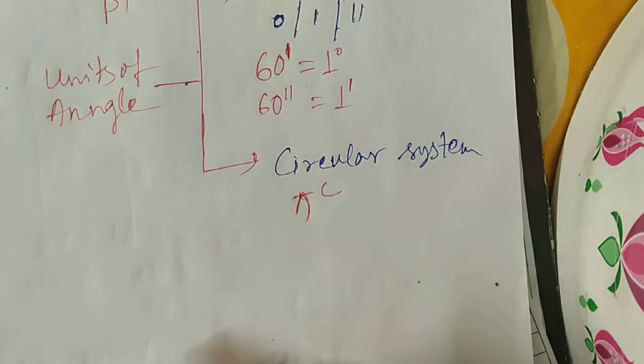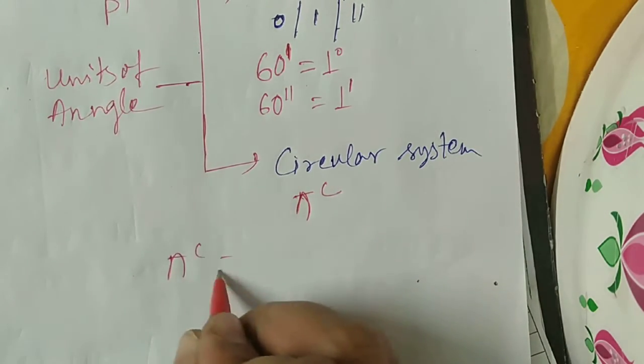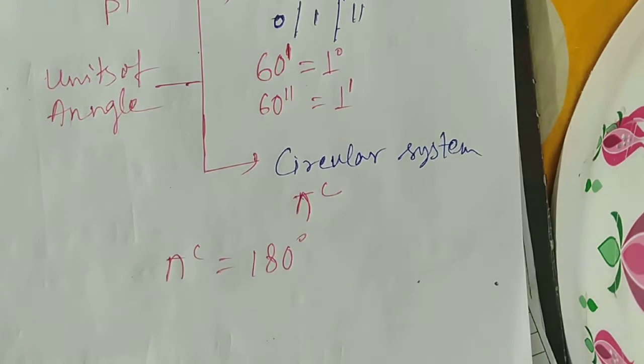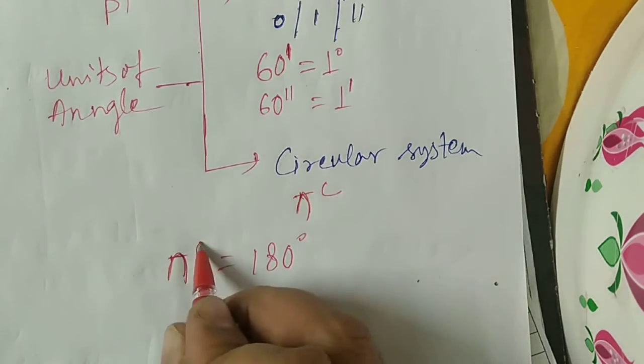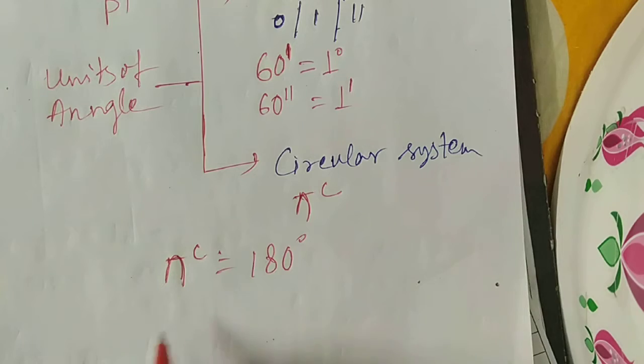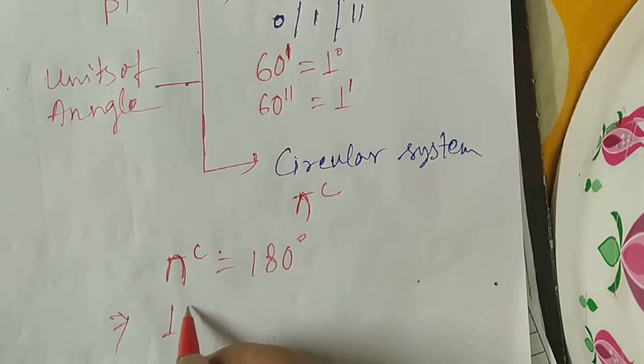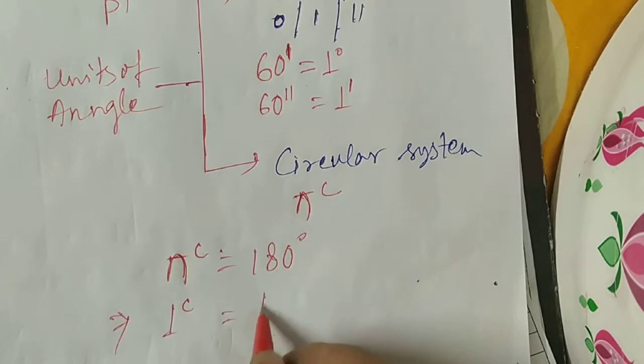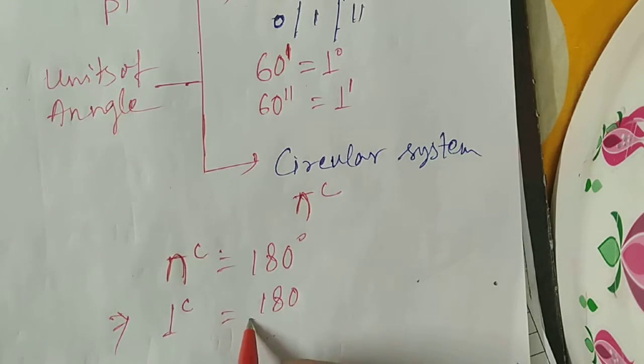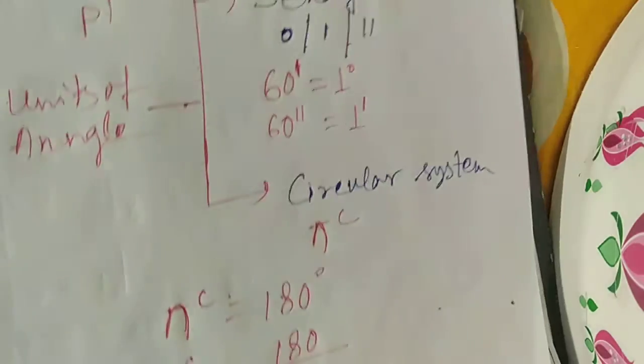Pi radian equals 180 degree. Therefore 1 radian equals 180 divided by pi.